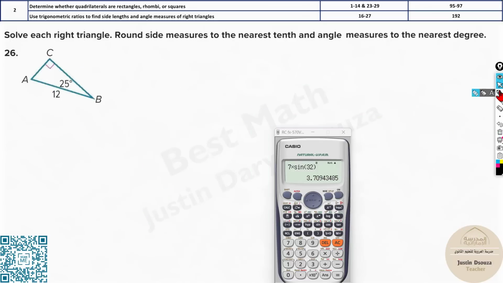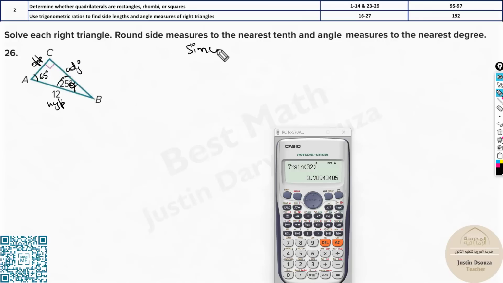Last two problems, we'll quickly do them. Over here, we have one angle 90 degrees and the remaining angle will be 65 degrees. So then we have this side. Now I'll take this as theta, that's the 25 degrees. So opposite side is unknown, hypotenuse is known, and adjacent side is unknown.